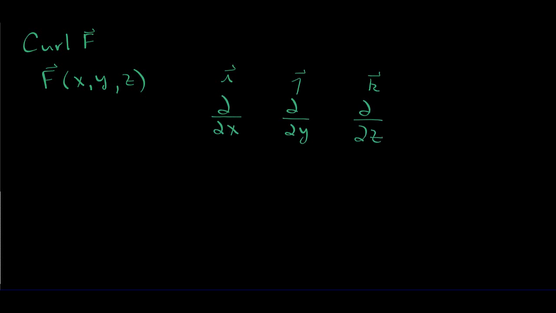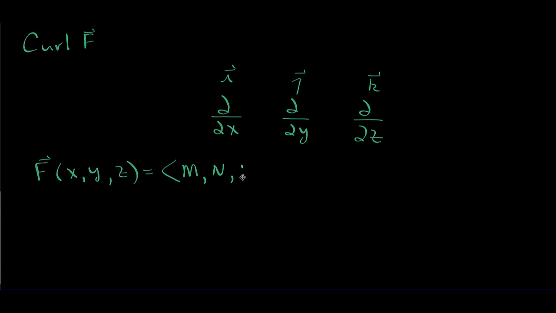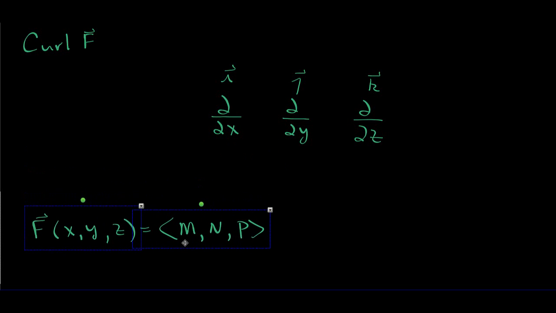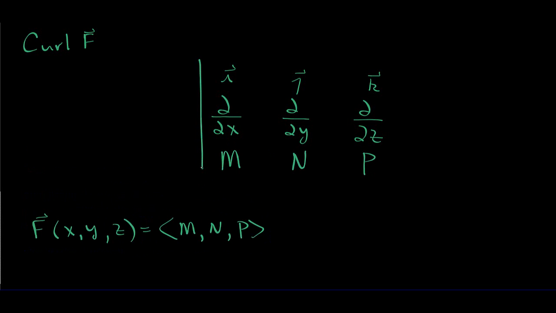And then let's suppose this is m, n, and p. Drag this down. What we would do is put an m, n, and p here. And this is going to give us the curl. We work this just like we would if we were finding the determinant.